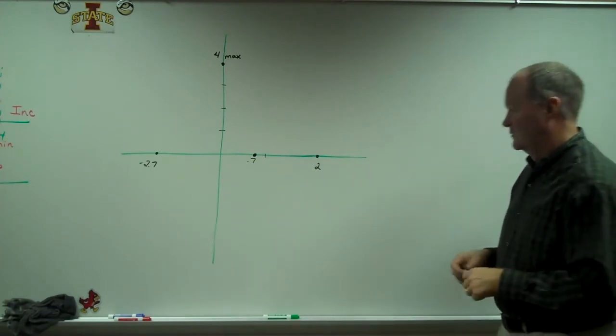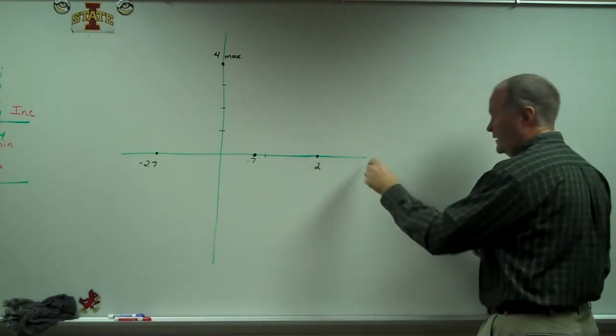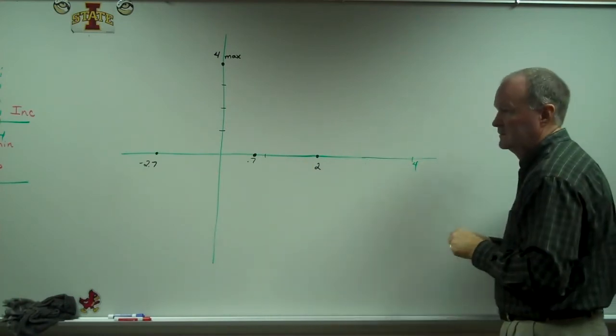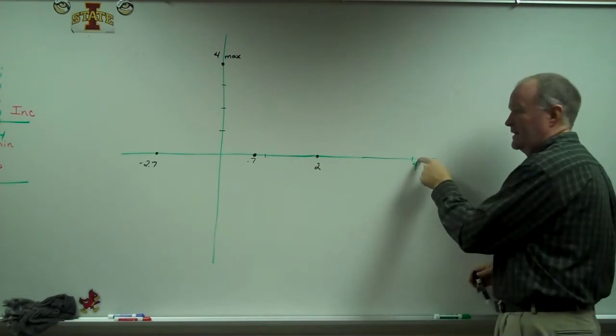X equals 4, which is out here a little farther than I wanted it to be, but it'll work. X equals 4 is the other critical point. Is that where this goes?